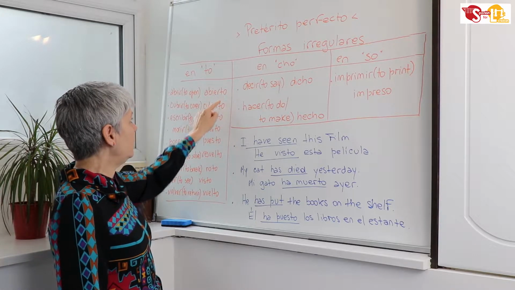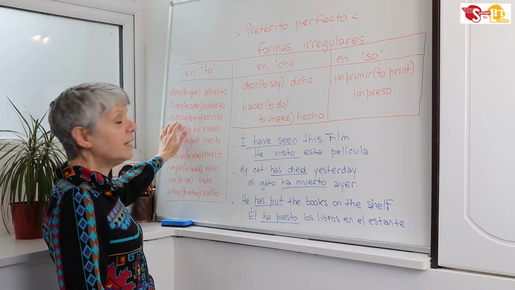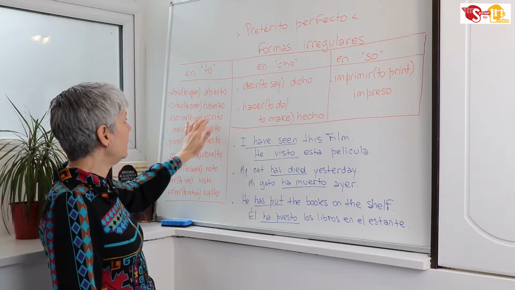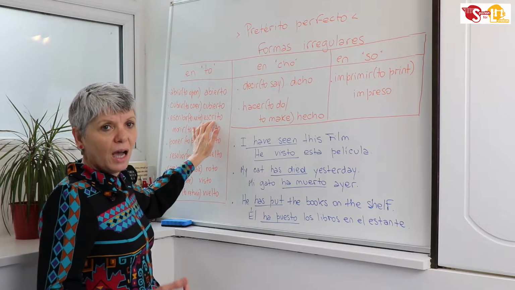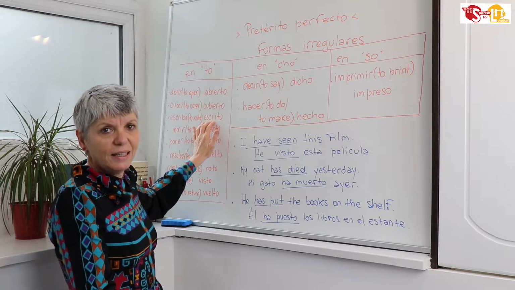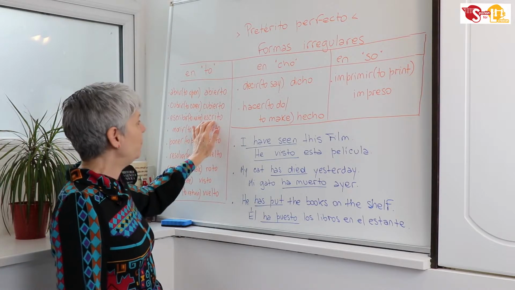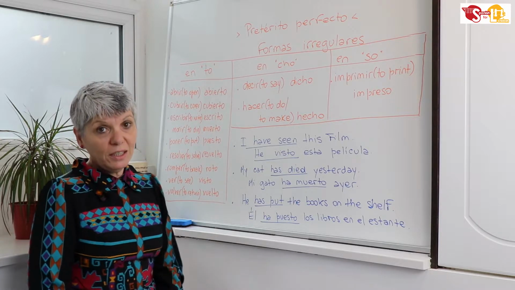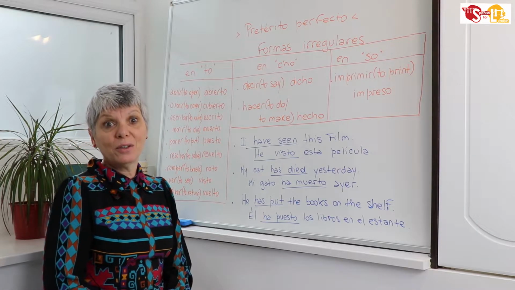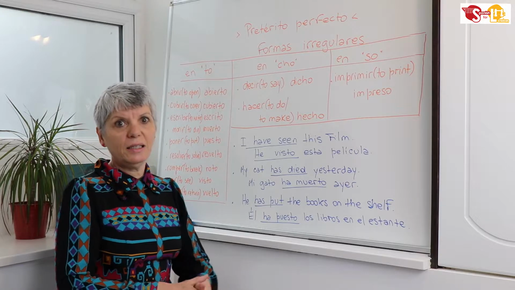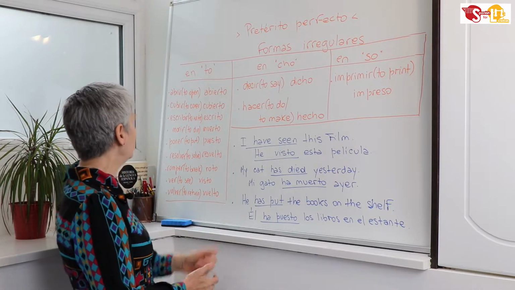Then for cubrir, which is to cover, is cubierto. Do you see? T-O. For escribir, to write, es escrito. So I have written that, he escrito eso. For morir, to die, es muerto. So when I want to say he has died, él ha muerto.